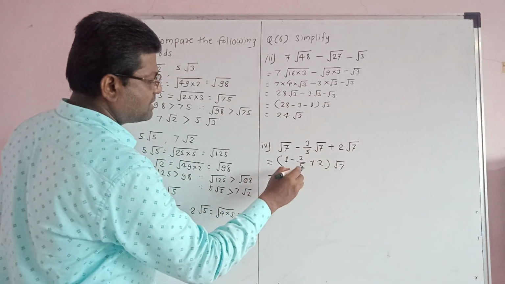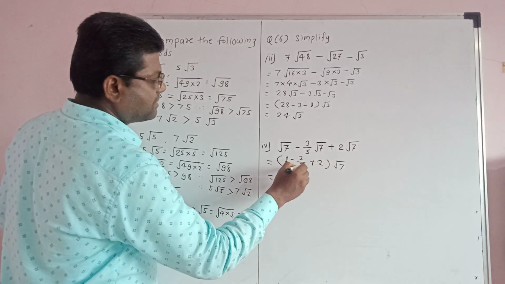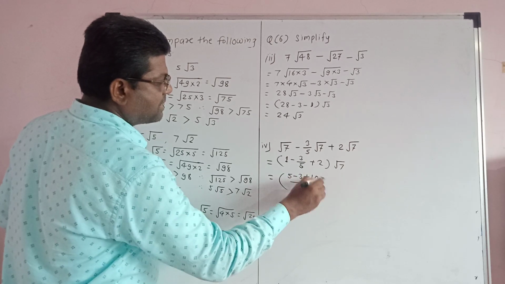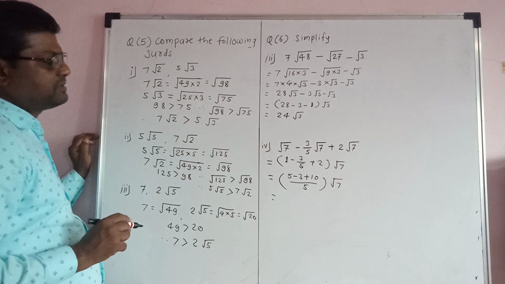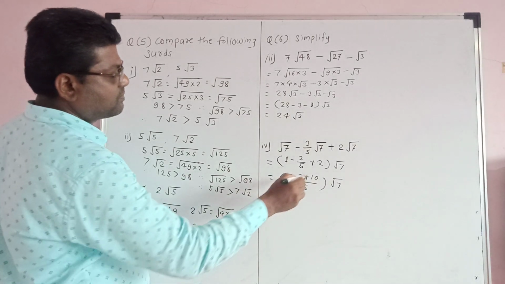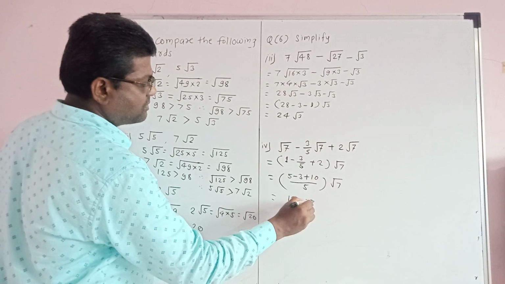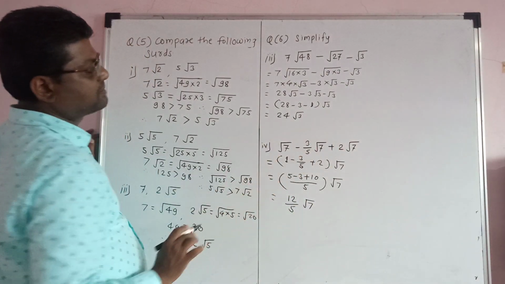Multiply 5 into 1, that is 5 minus 3, 5 into 2 plus 10 upon 5 into root 7. 5 minus 3 is 2, 2 plus 10 is 12, 12 upon 5 into root 7. This is the simplification of these terms.